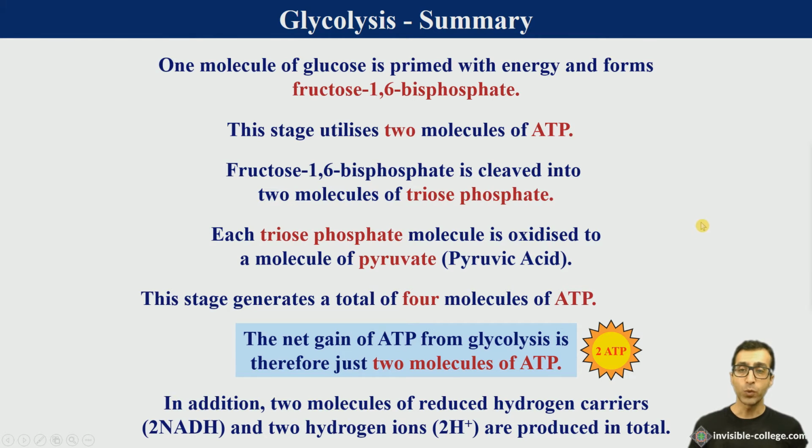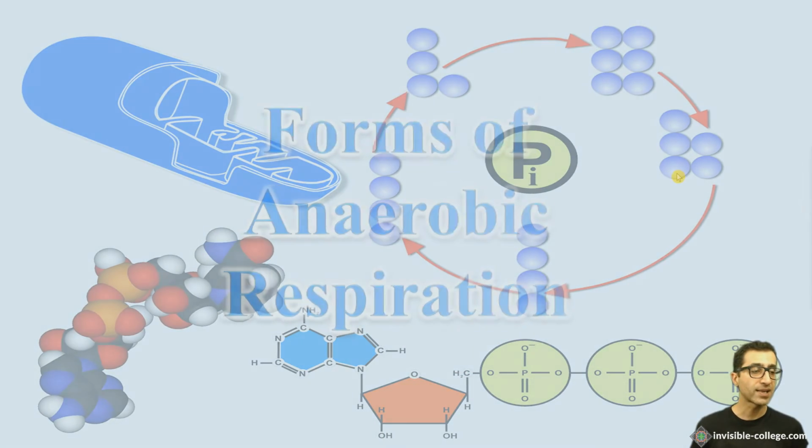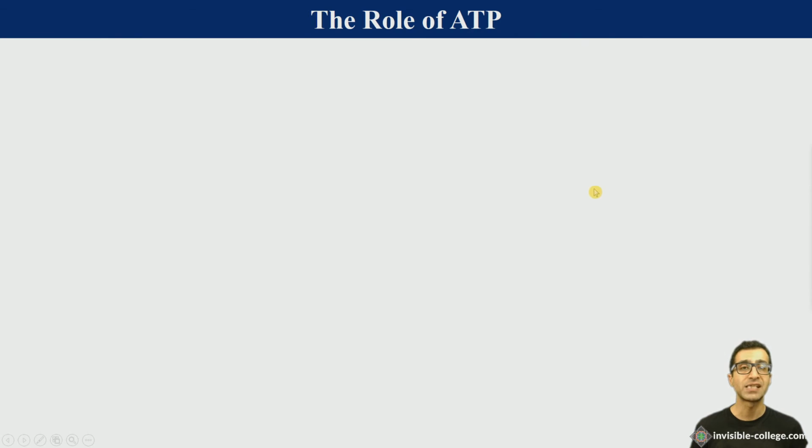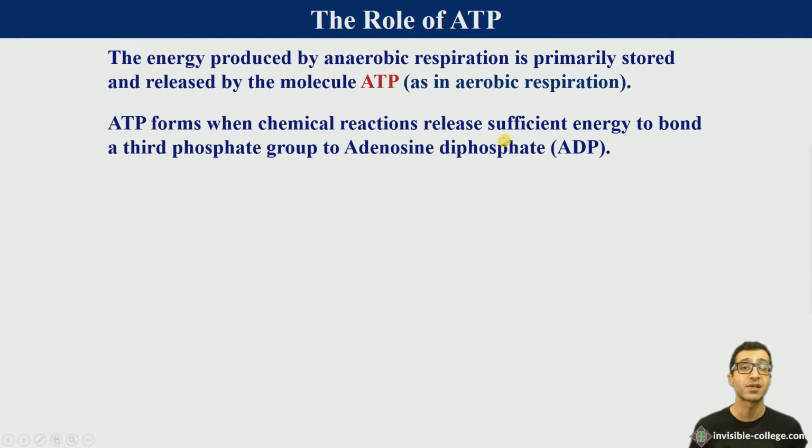So, before we go on to the anaerobic phase of respiration, let's have a look at some different forms of anaerobic respiration. Again, let's take a close look at the role of ATP. The energy produced by anaerobic respiration is primarily stored and released by that energy currency molecule ATP, the same way it is in aerobic phases of respiration.